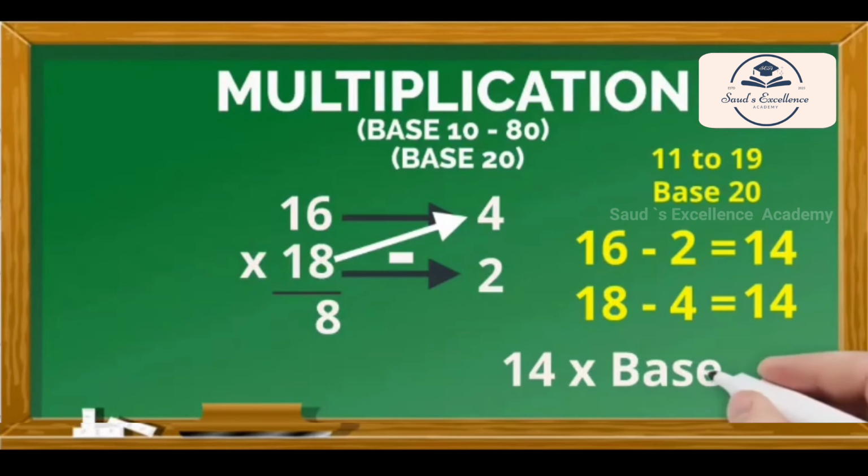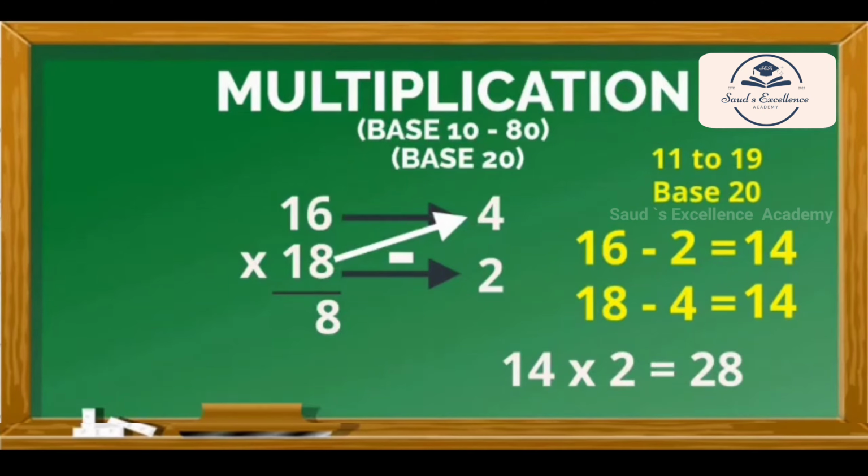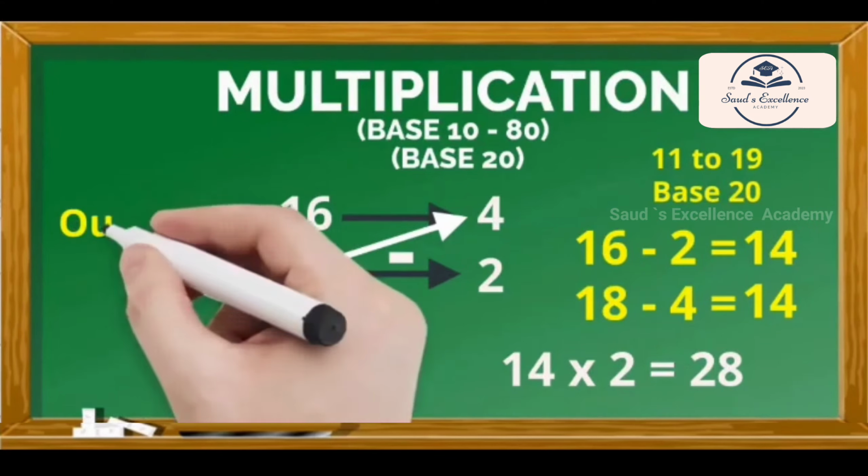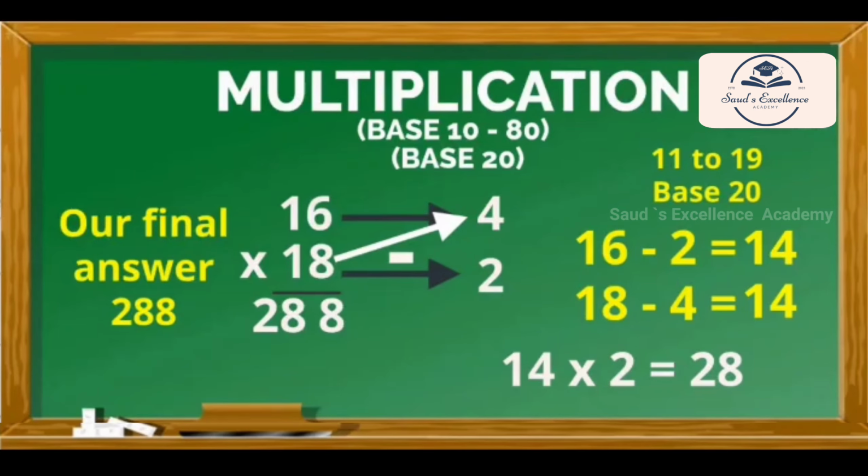Now, we multiply 14 with the base. For base 20 we write 2, 14 multiplied with 2 equal to 28. We write 28. Our final answer is 288.